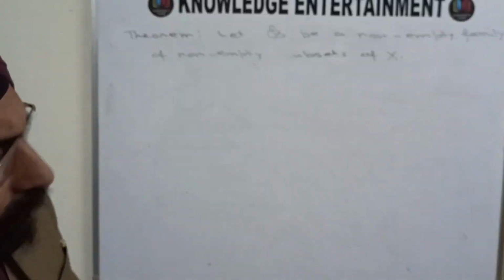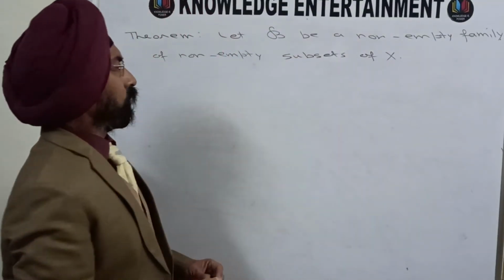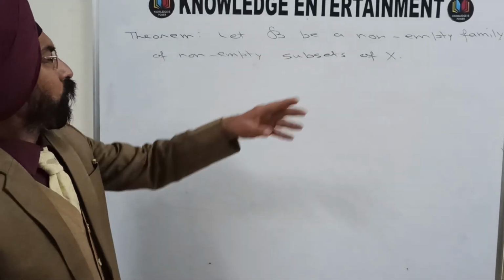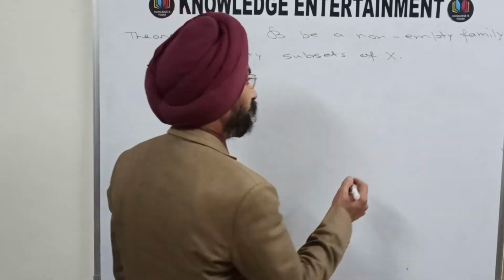If X is there, only then we can talk about filter and filter base and so on. So we have taken B to be a non-empty family of non-empty subsets of X.